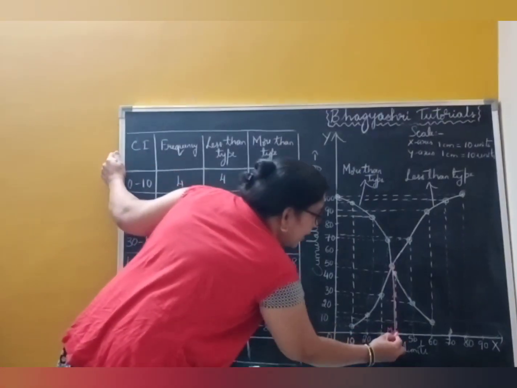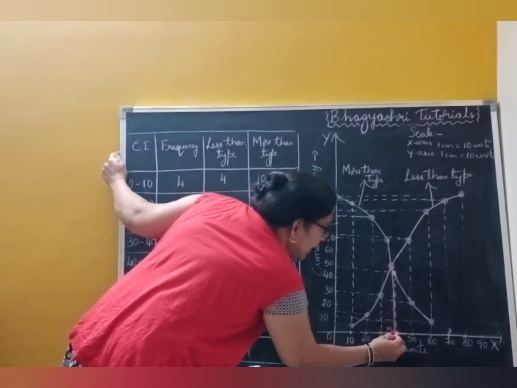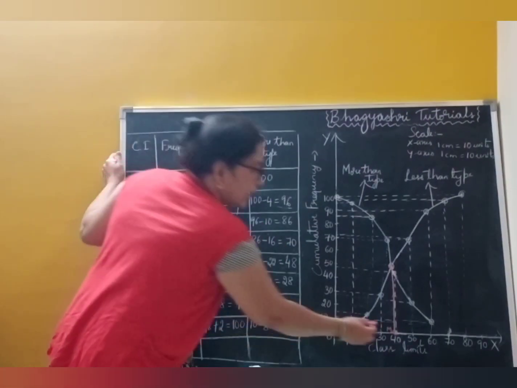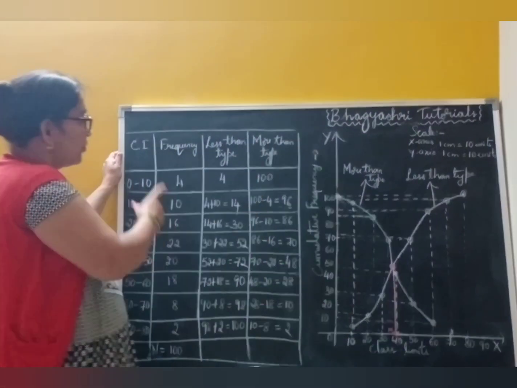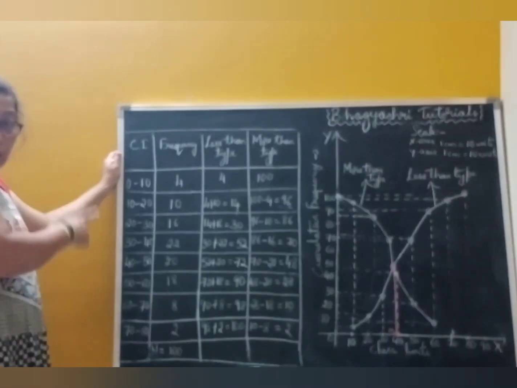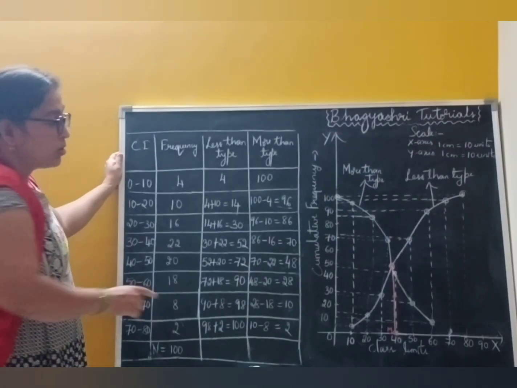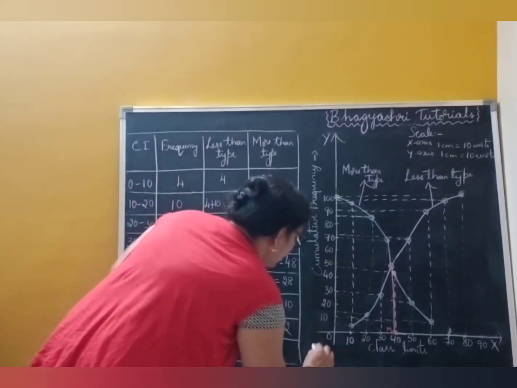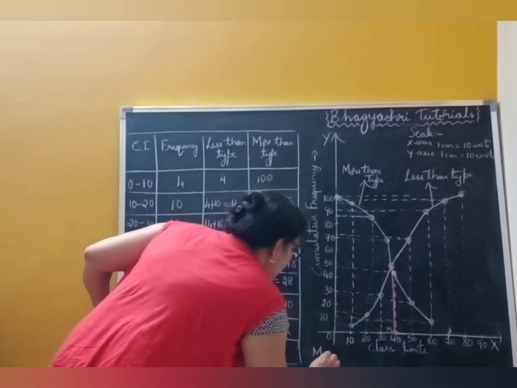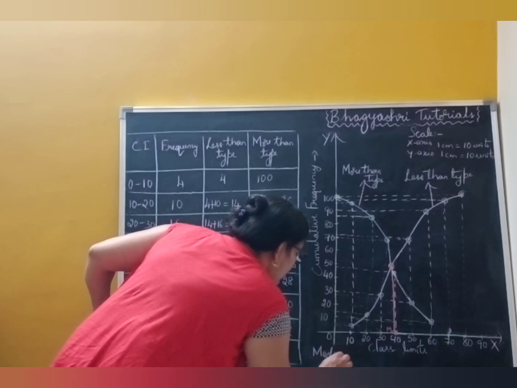The point where this perpendicular meets the x-axis is 39. So this is the median of this frequency distribution. So what is the value of the median? The median is 39.